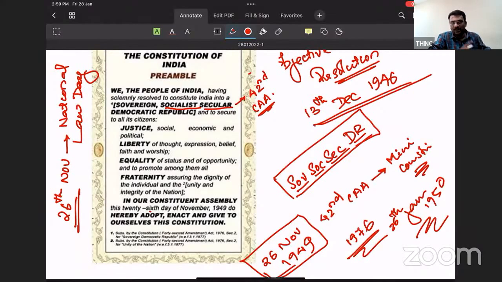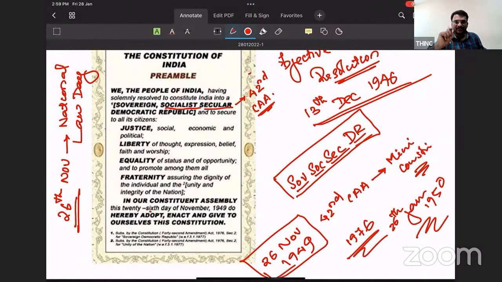Constitution amendment: only once has the preamble been amended. Okay, only one amendment has happened to the preamble. That was the 42nd Constitution Amendment of 1976, which is known as the mini constitution, and it was during the period of Indira Gandhi.